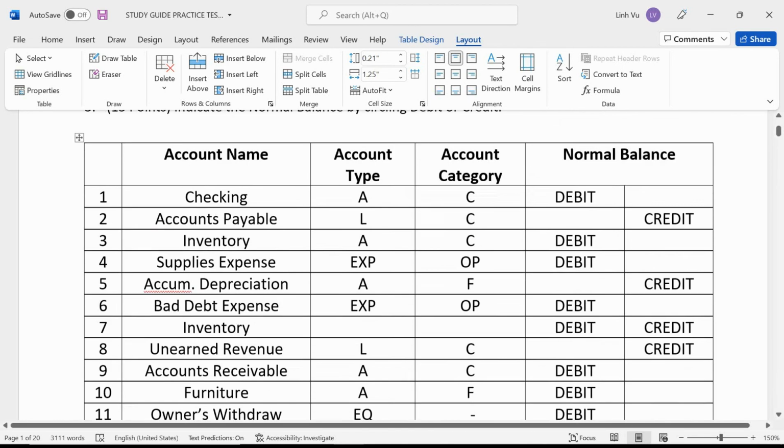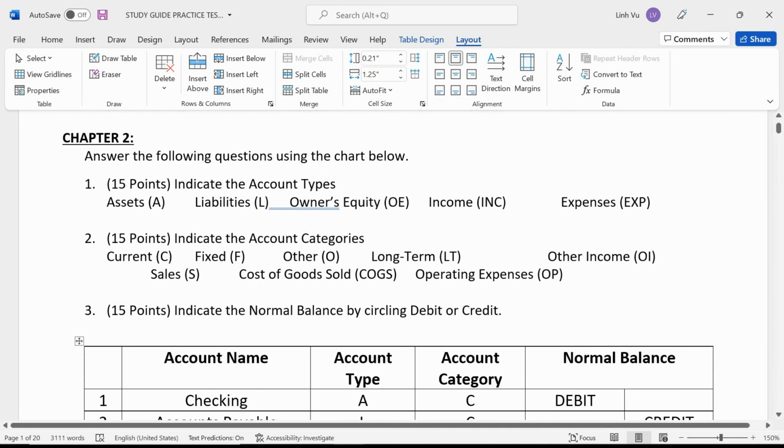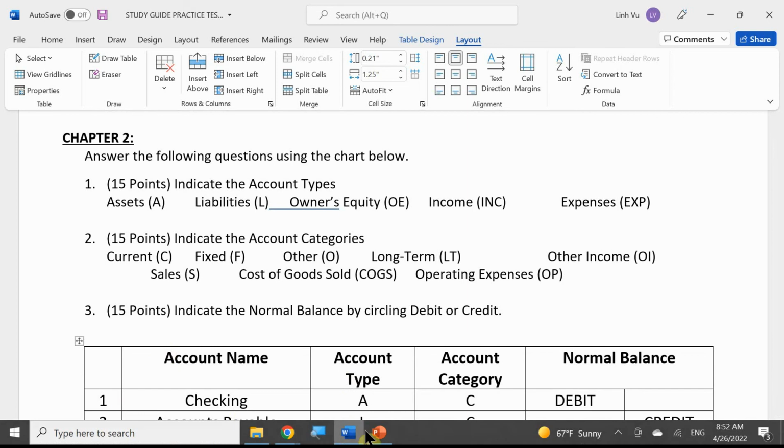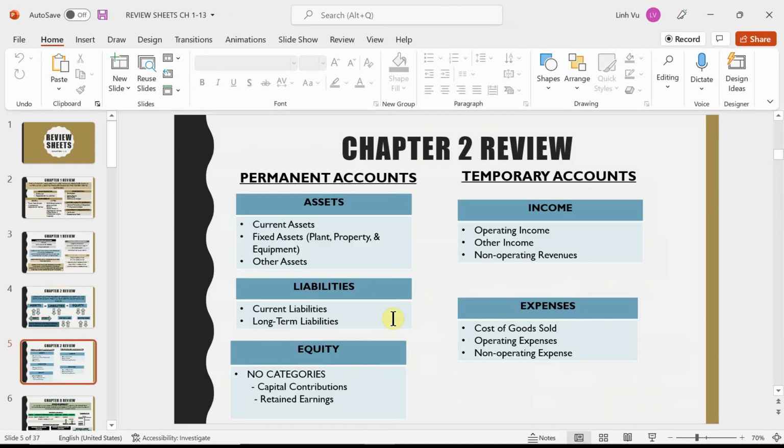It's part of a fixed asset, but this is an expense, right? Operating expense. It'd be an operating expense because look here. There are only 3 categories that we learned in expenses: cost of goods sold, which is directly correlated to the sales and inventory, and then operating.